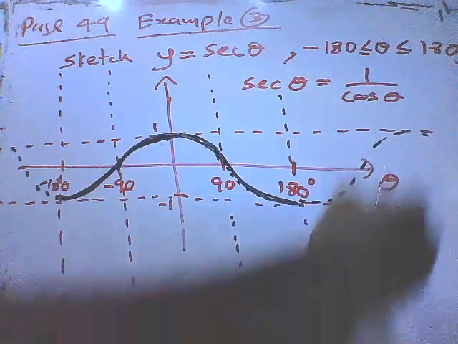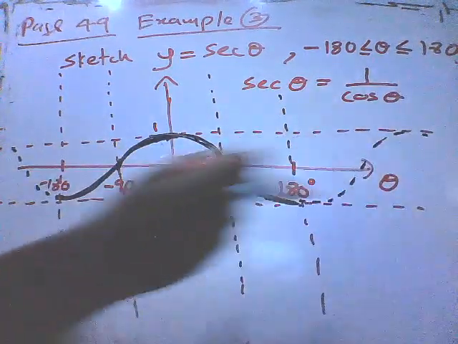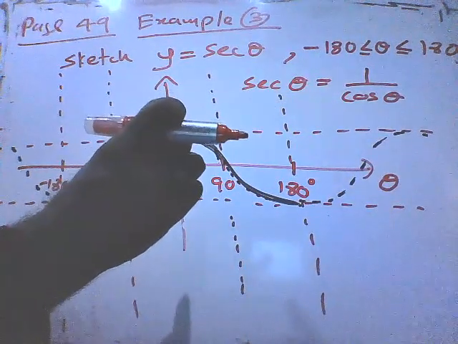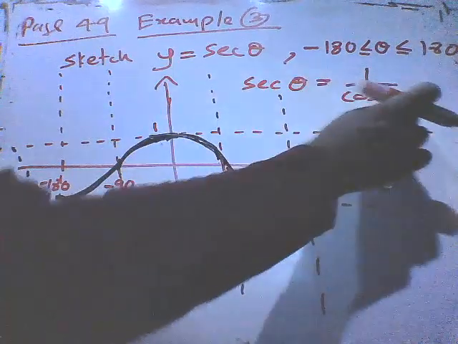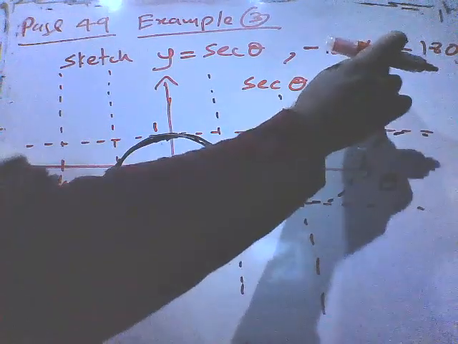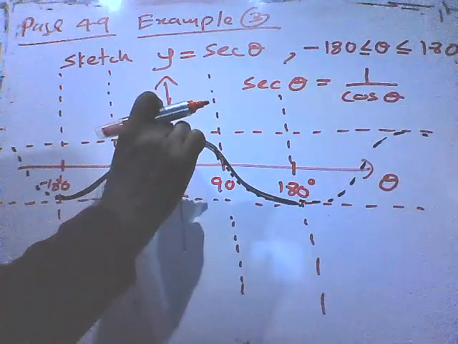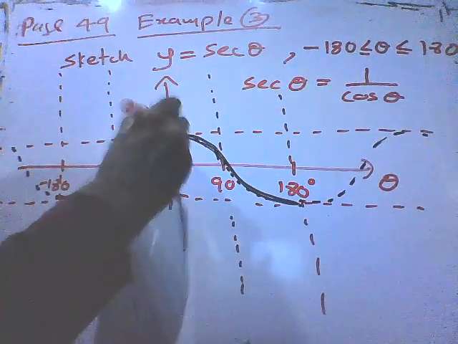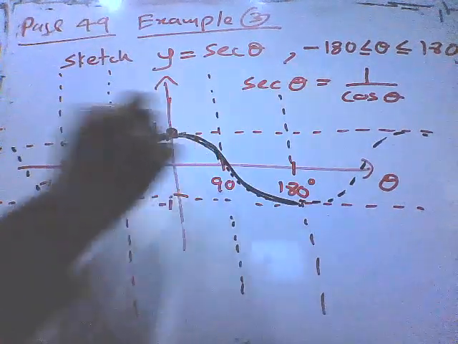right? So now we have to sketch 1 over cos theta. Whatever the value, here cos theta is 1 in this place, so 1 divided by 1. So our new graph, sec theta, will go from here.